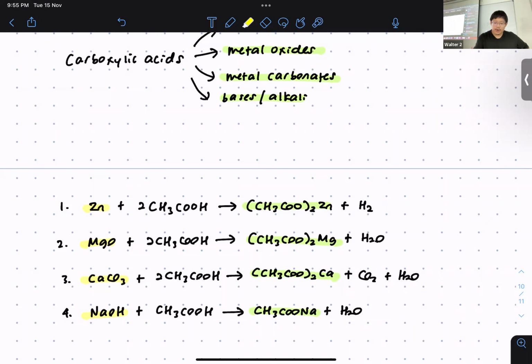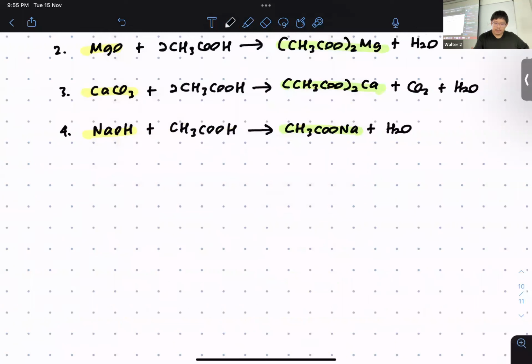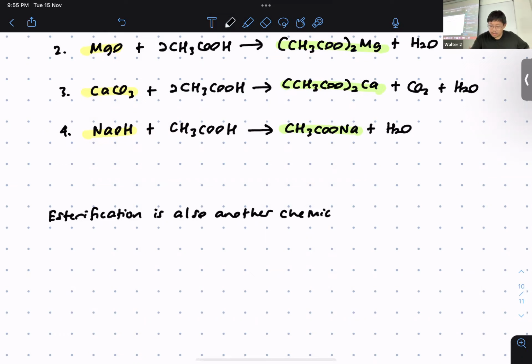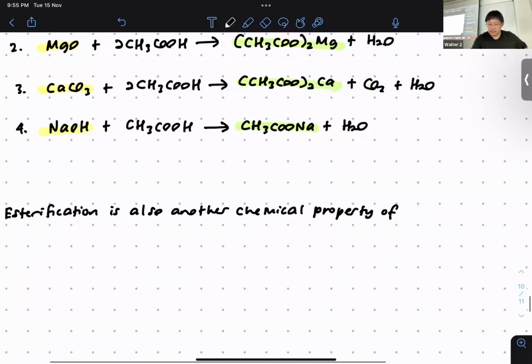So you can also add another one: esterification of carboxylic acids.